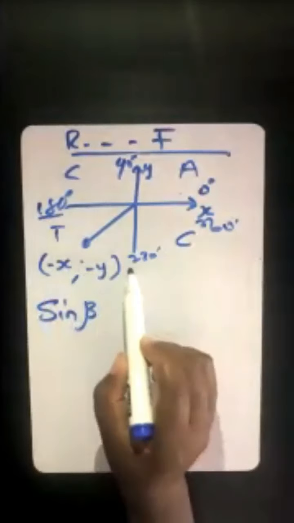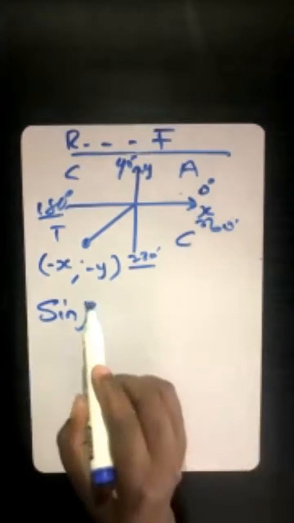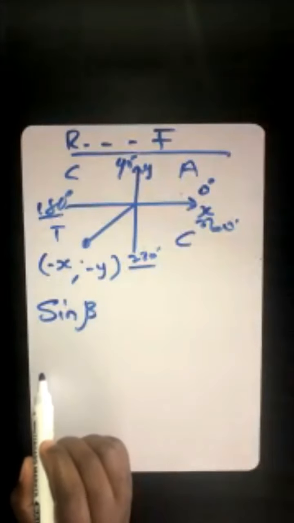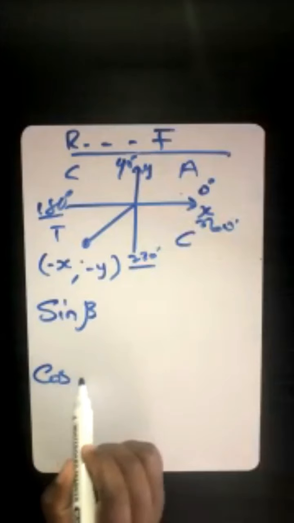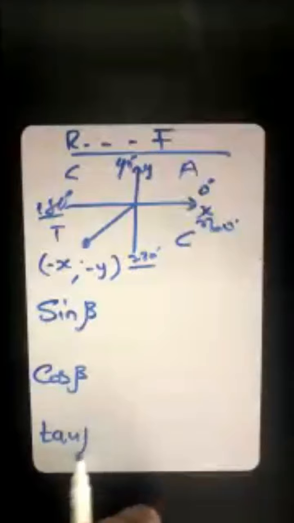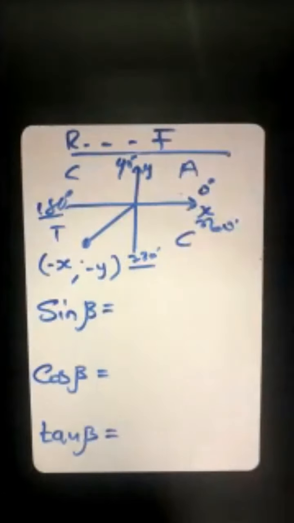So this angle falls between 180 and 270. Someone to guess that angle, please. Angle beta, what angle can we use there? And then cos beta, guess an angle. Tan beta, also just tell me which angle can we use there.